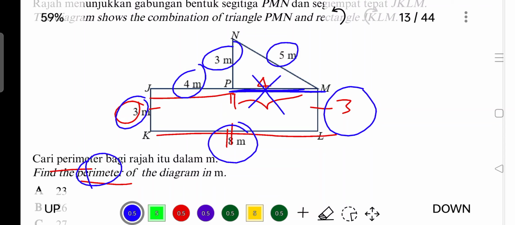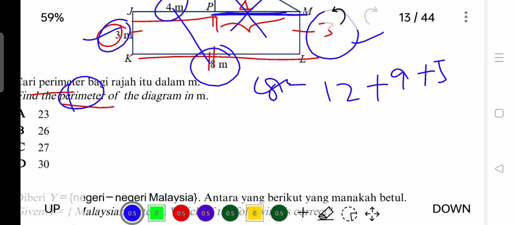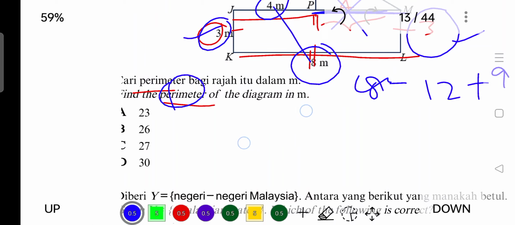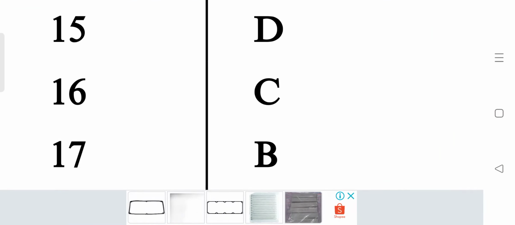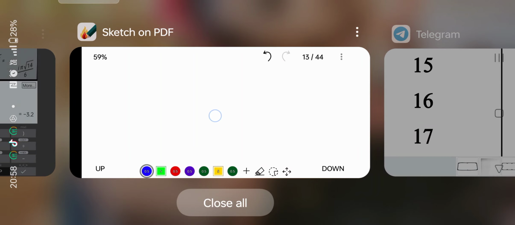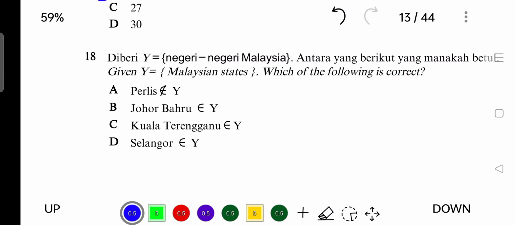So 8 plus 1, 2, 3, 9. Then 12 plus 9 plus 5. What is the answer? Is that 26? B? Yes, the answer is B. Alright, got it correctly. Let's move to question number 18.